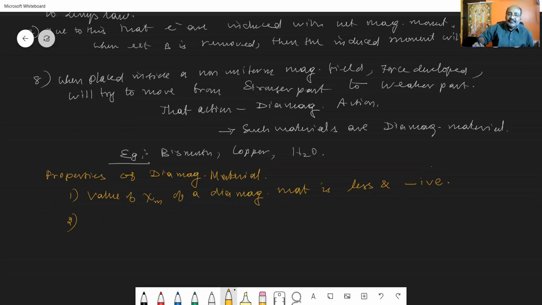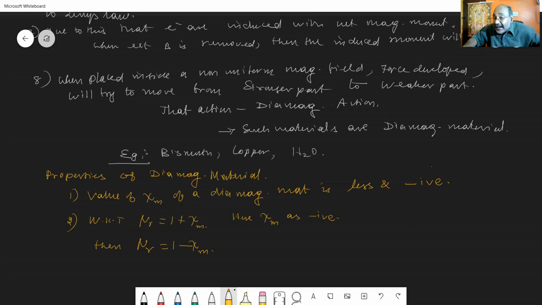What is the second one? We know that mu r is equal to 1 plus psi m. Here psi m is negative for a diamagnetic material, so mu r is equal to 1 minus psi m. Am I correct?